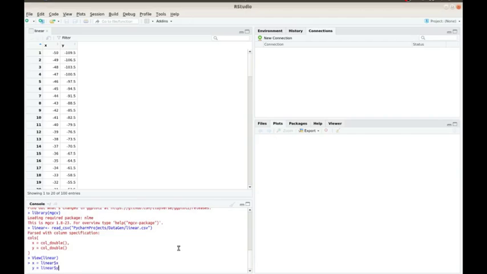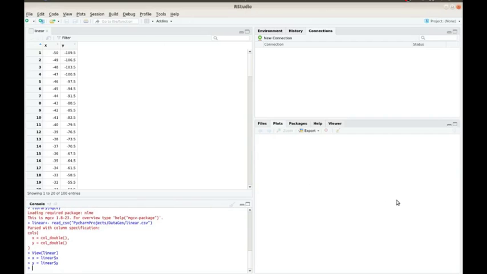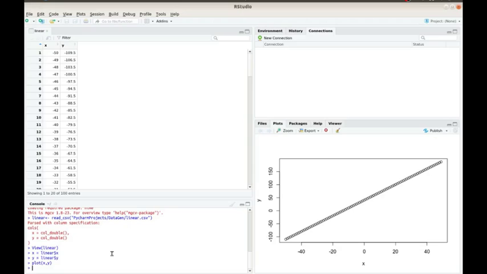As before, I will assign x and y to linear$x and linear$y, and as a result of that, I shall plot it. And as you can see, it's a perfectly straight line.